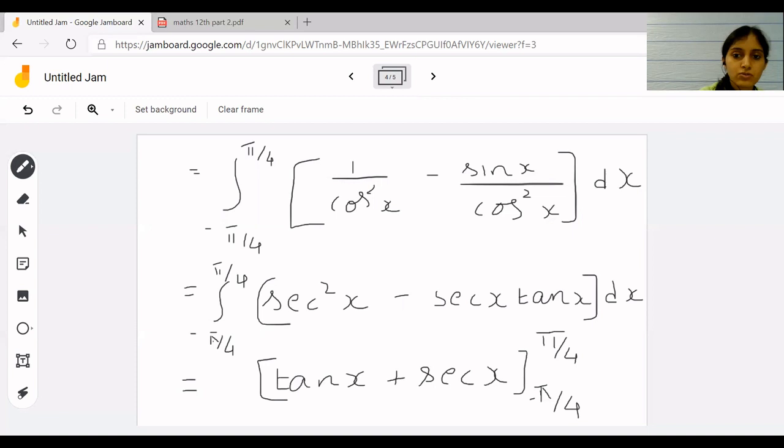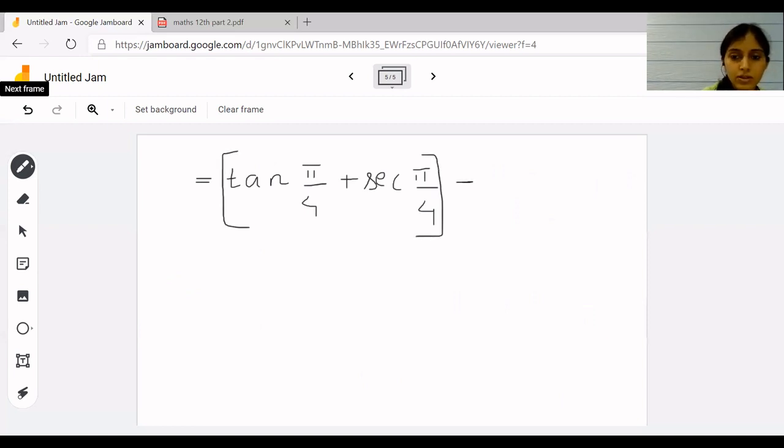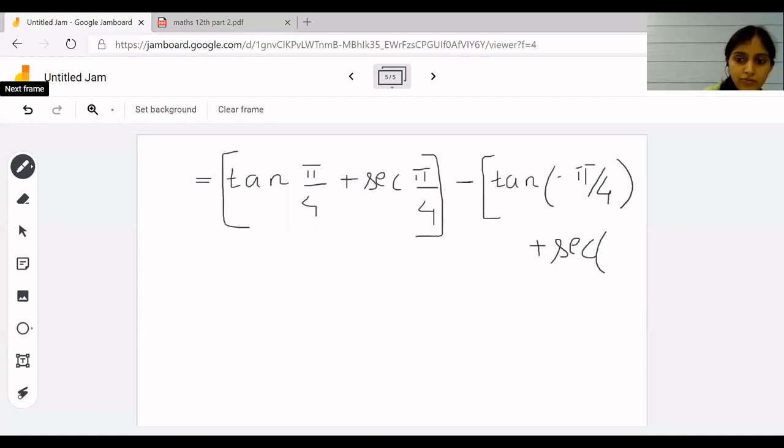So let us substitute: tan of pi by 4 plus sec of pi by 4, this is your higher limit, minus the lower limit, so minus tan of minus pi by 4 plus sec of minus pi by 4.